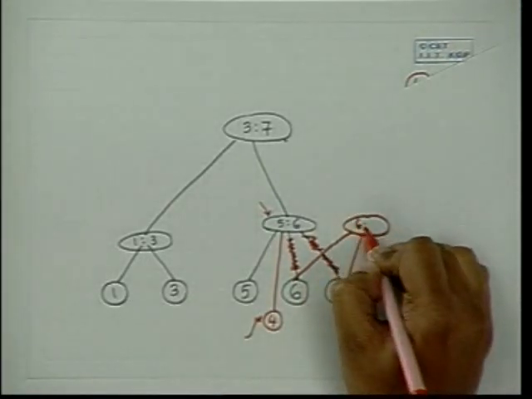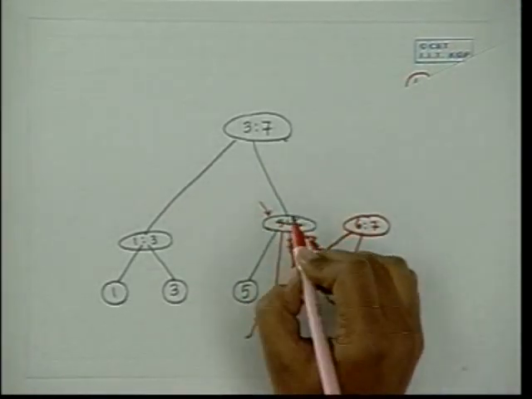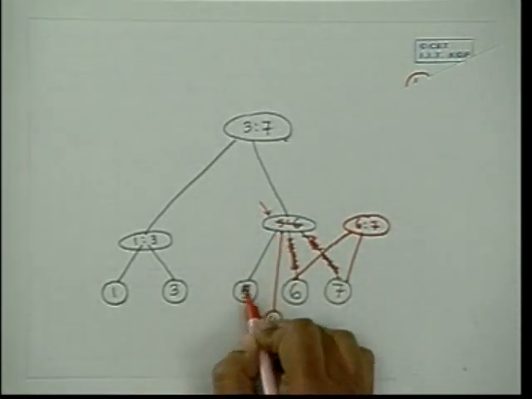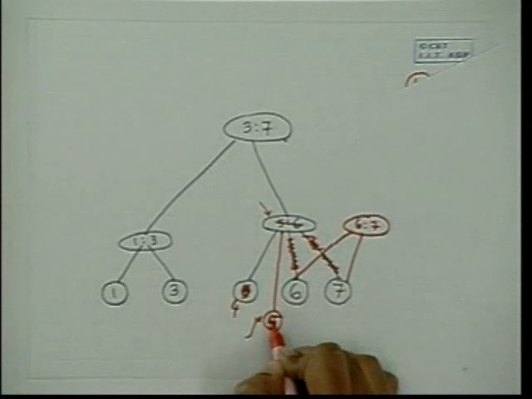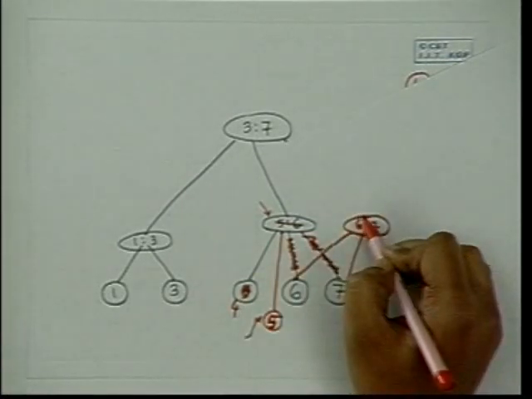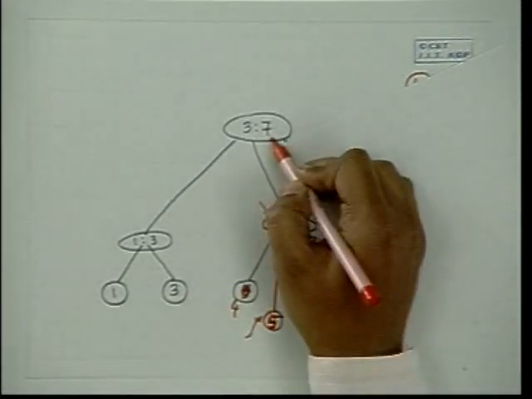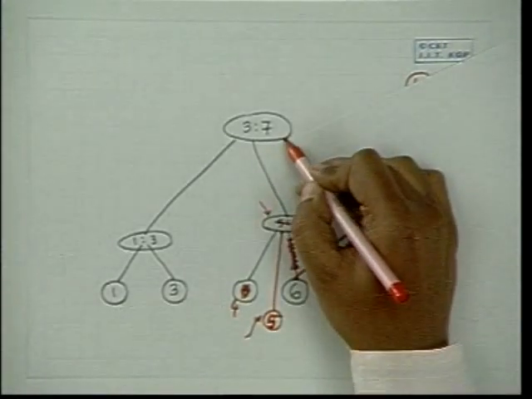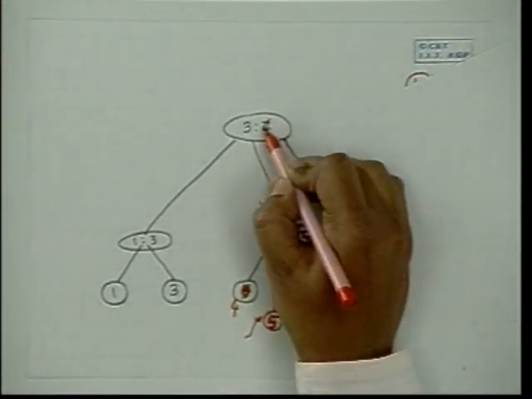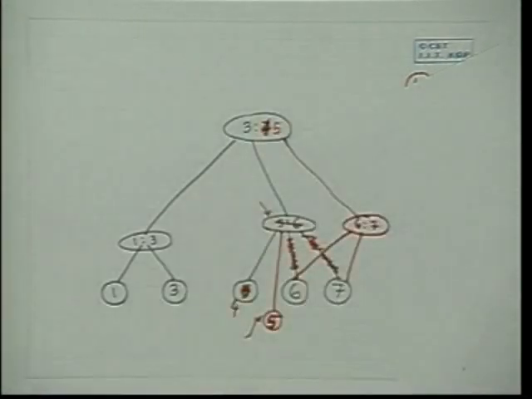So this will be 6, 7. 4 will be the left and 5 will be here now. Left and right, let us ensure. And then this will be inserted here, and this value will become now 5. This is what will happen.